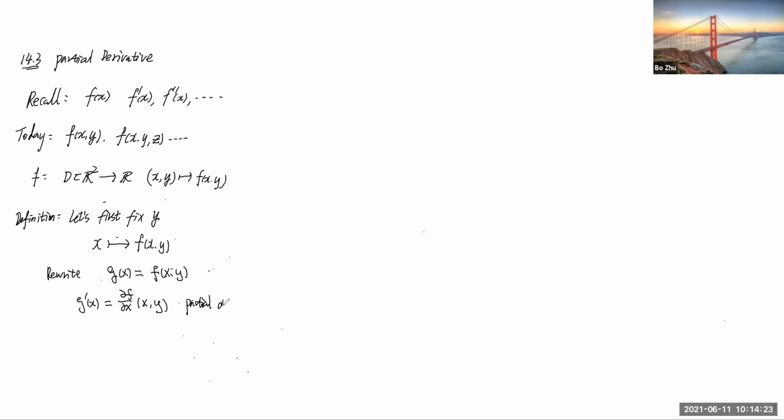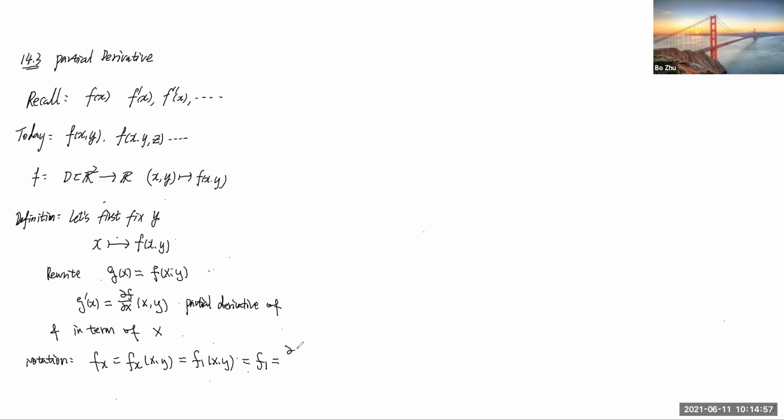The partial derivative of f in terms of x. As for notation, in general people will write f_x or f_x(x, y), f_1(x, y), or sometimes people just write f_1.